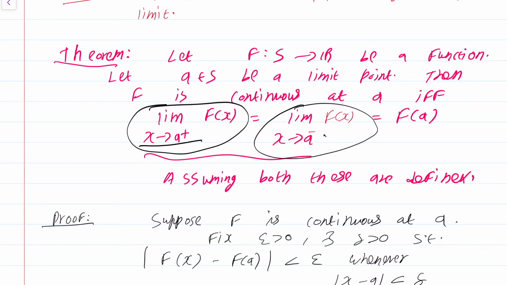So note that what we have shown is that both the left hand limit and the right hand limit should exist and should be equal to f of a for continuity. It might be the case that the left hand limit of f of x is equal to the right hand limit of f of x at a, but they may not agree with the functional value.